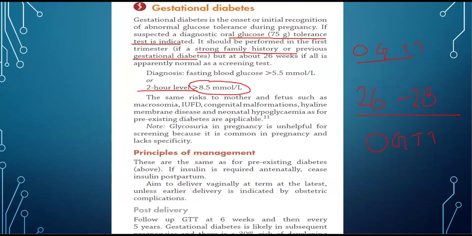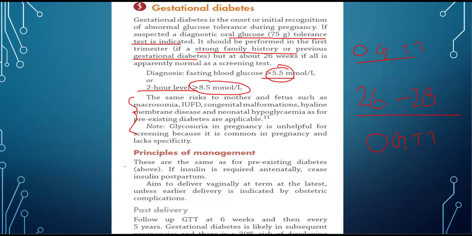You also do a fasting level, and if fasting is more than 5.5, that is also diagnostic. For gestational diabetes there is always a risk: the same risks can happen, like a macrosomic baby and intrauterine fetal death. So lots of complications are there.